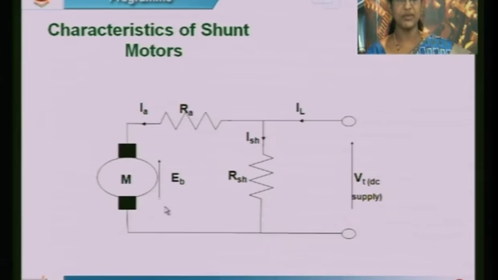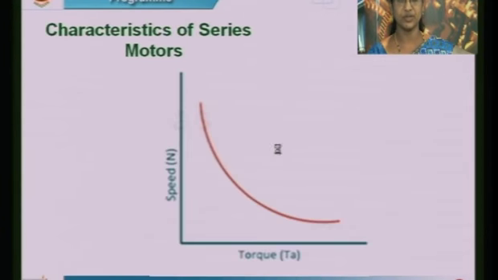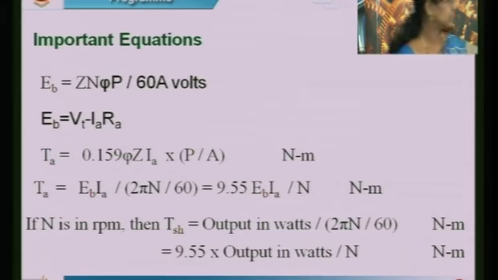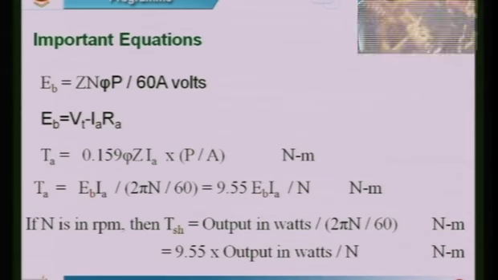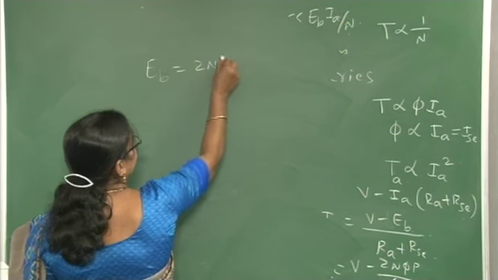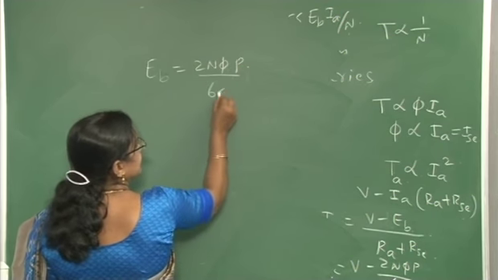Now, considering this, you see the similar equations: EB is equal to Zn phi P divided by 60A.